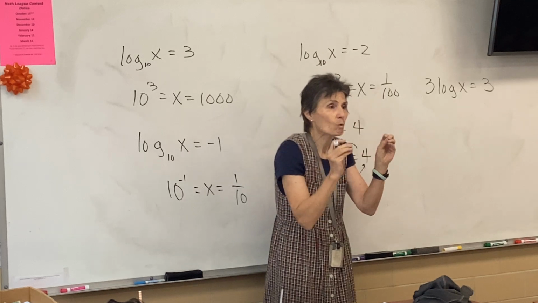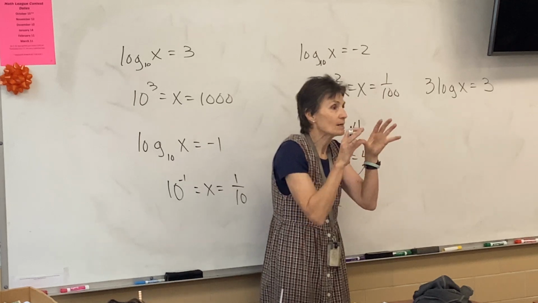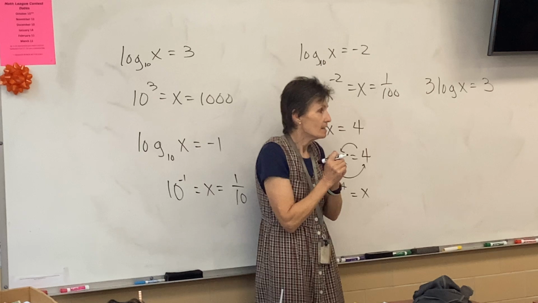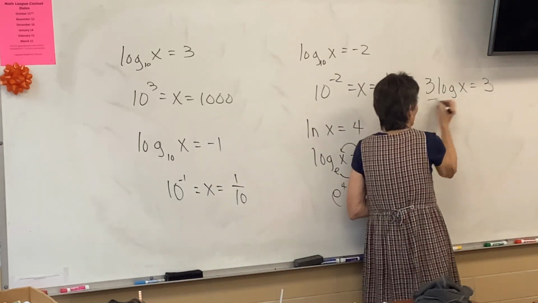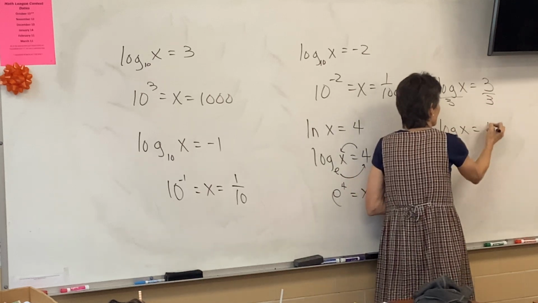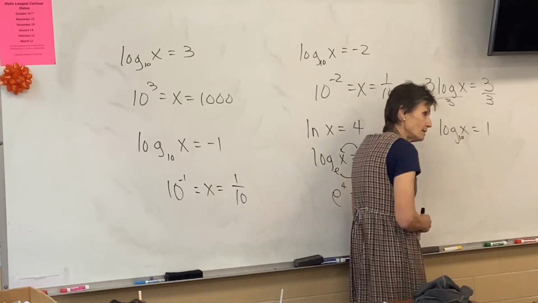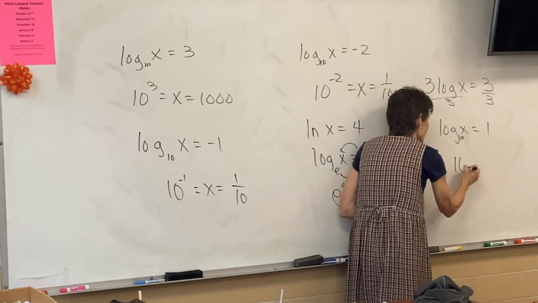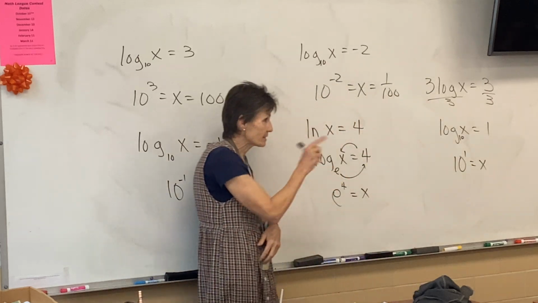This is an equation. You can divide by 3. It's a regular old equation. So we're gonna divide by 3, and now it says the log of x equals 1, and the base is 10. So 10 to the first is x, and x is 10.